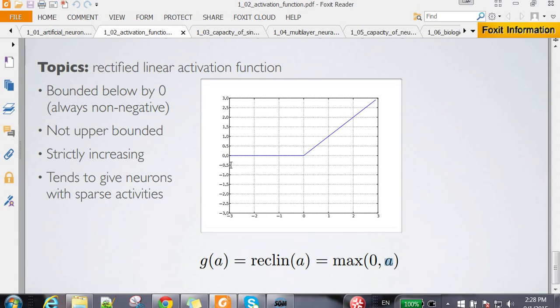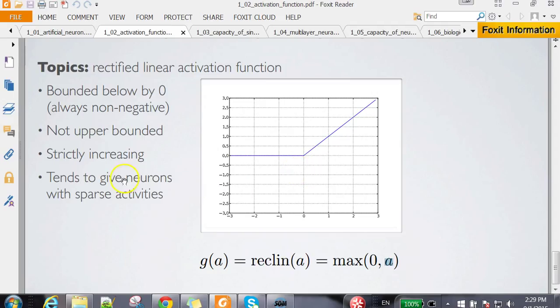It's not bounded from above. It can get as large as we want. There's no upper bound. It is increasing. Strictly increasing means it's never the same, but basically it never decreases.